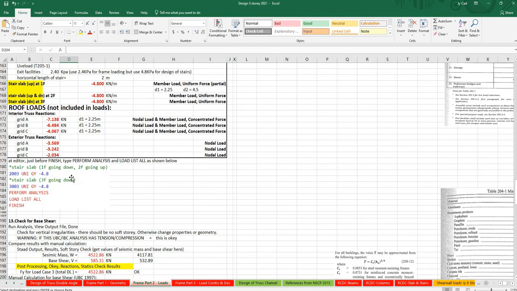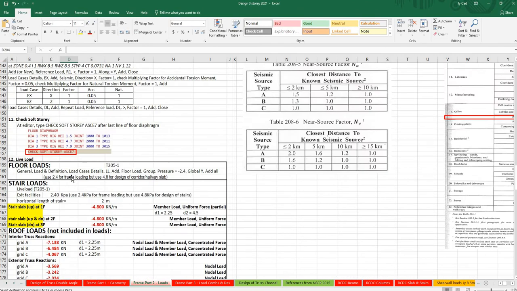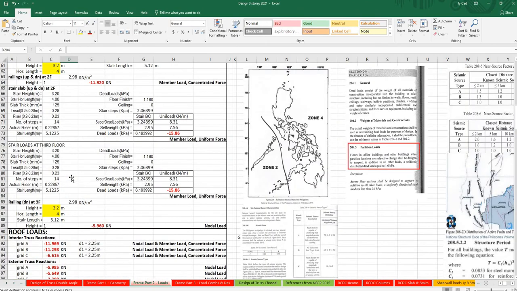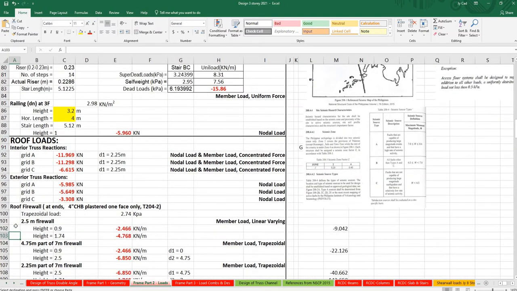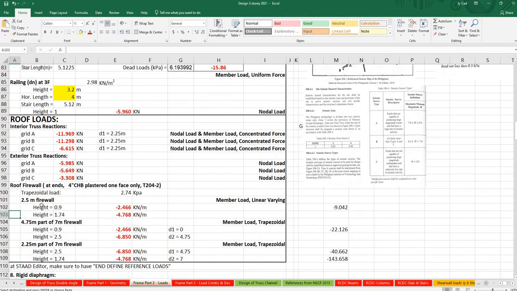Roof loads, ayan, firewall loads. So sa 2.5 meter firewall, yung height niya ay 0.9, no? Tapos dun sa dulo naman ng 7 meter, it is also 0.9. Okay? Tapos yung highest part of the firewall is 2.5 meters. Okay?